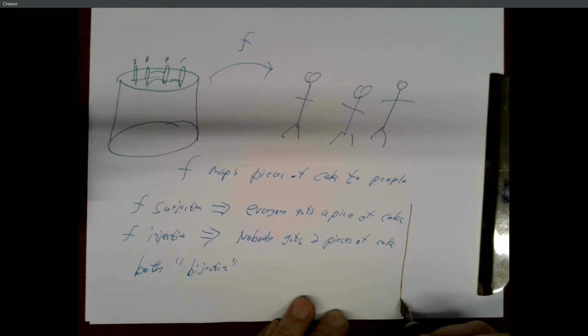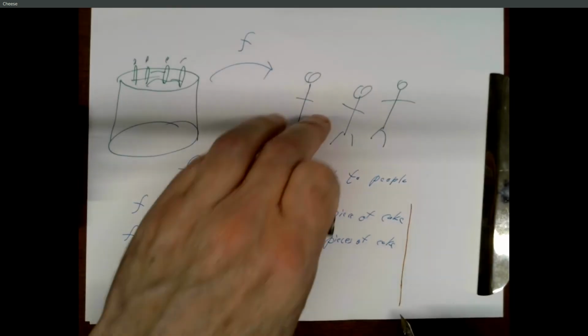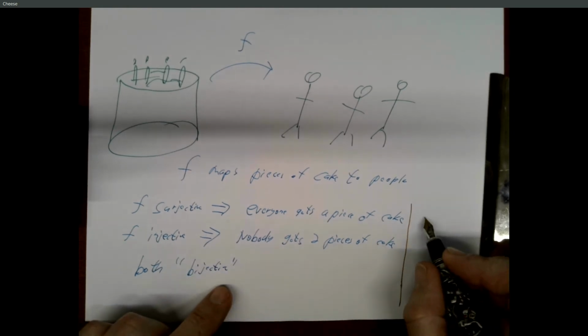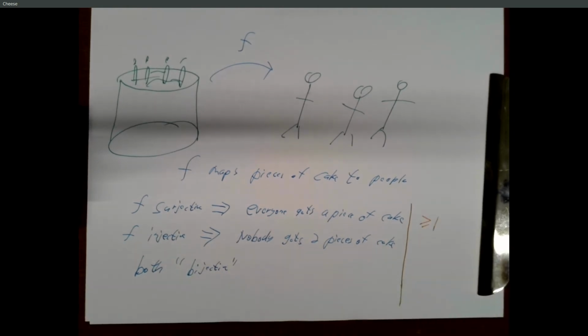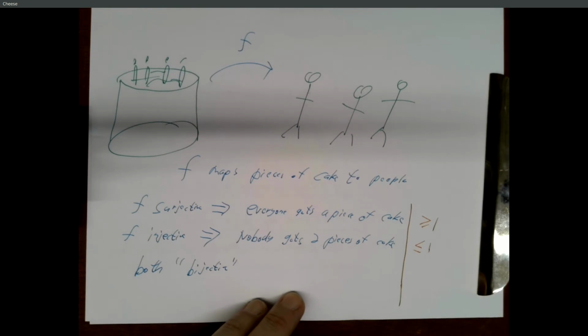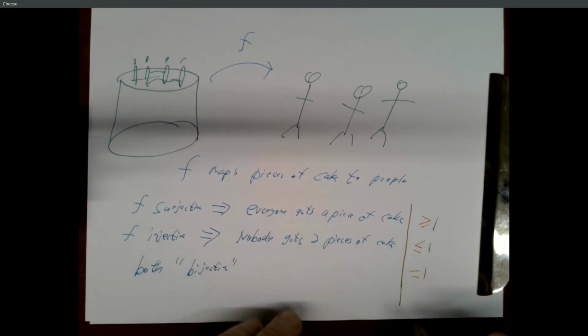So another way to think of this, if you look at things that map to something over here on the receiving end: if your function is surjective, the number of pieces of cake is always bigger than or equal to 1. Could be 1, could be bigger than 1. If it's injective, it's always less than or equal to 1. If it's bijective, it's exactly 1.